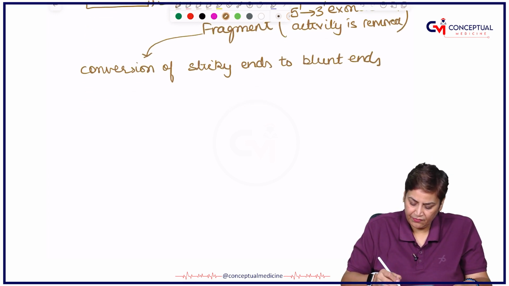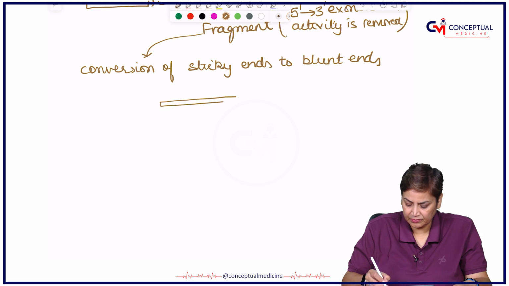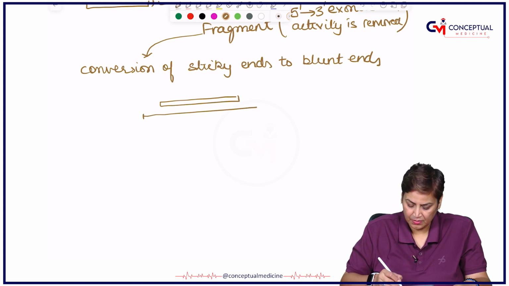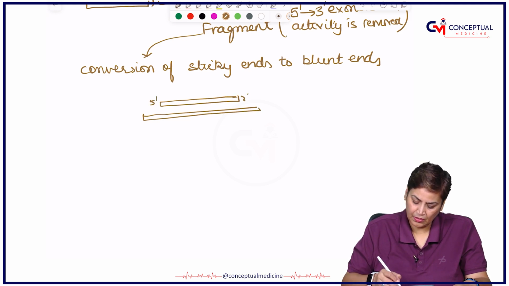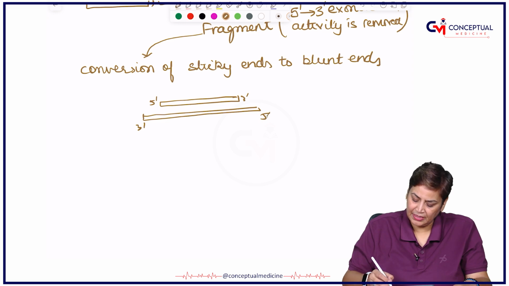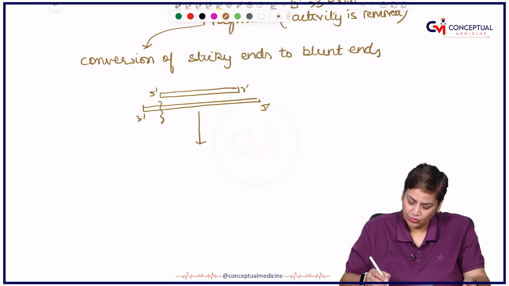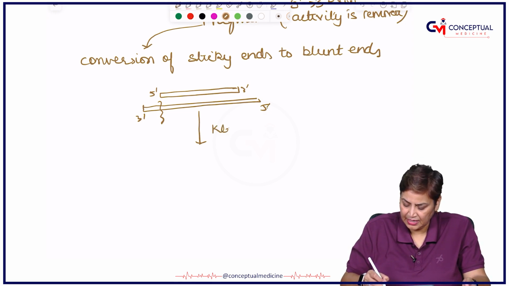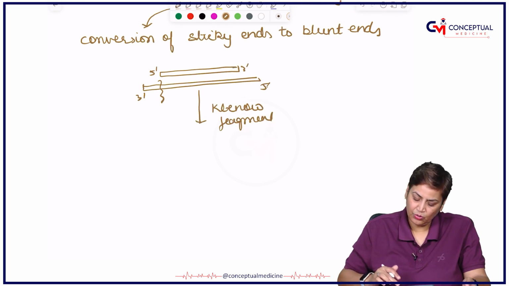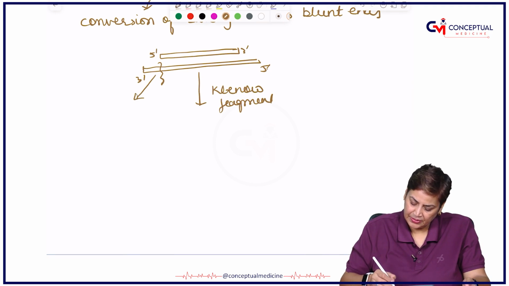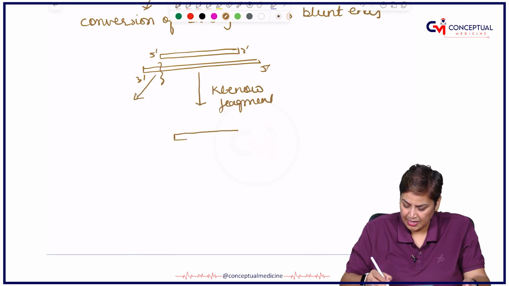Suppose we have a DNA strand like this. What will happen is that this part will be removed. The Klenow fragment will cut this part and join it here like this.